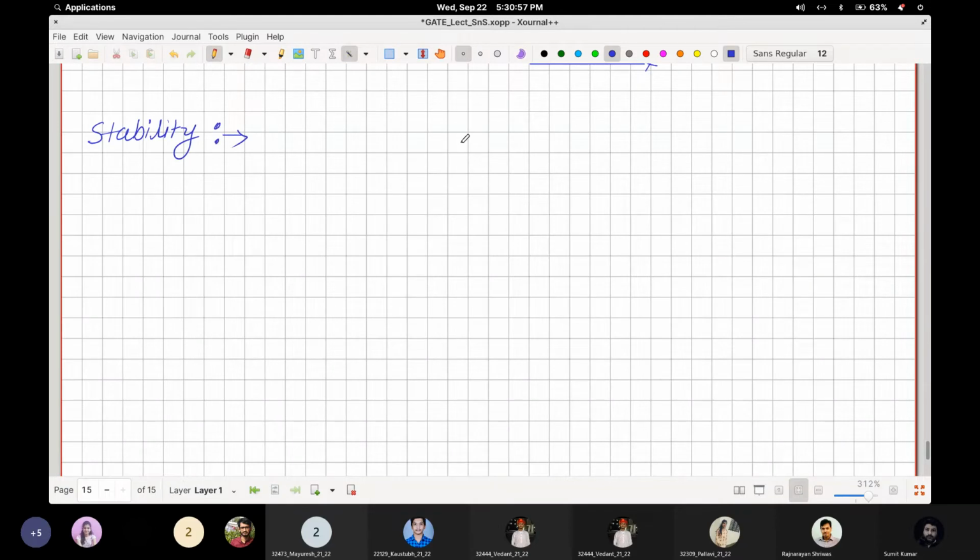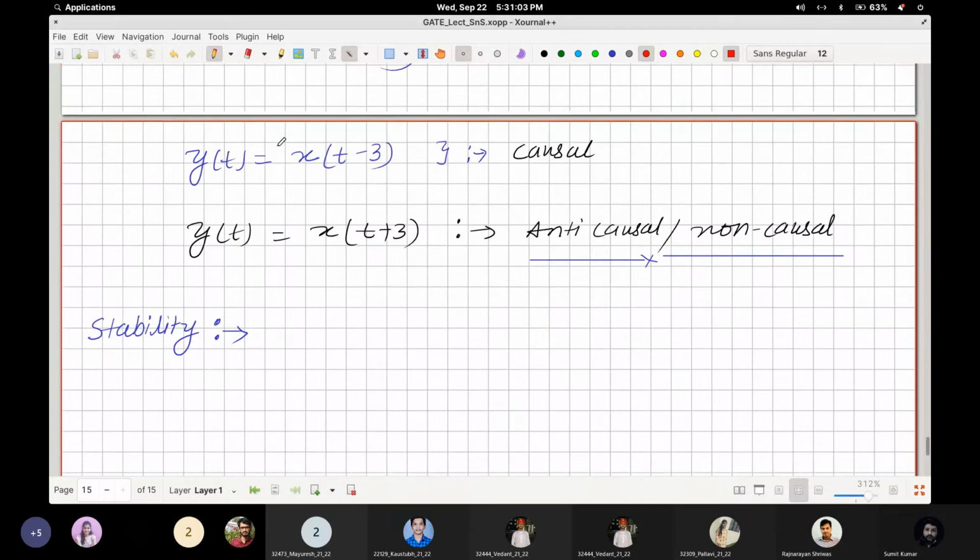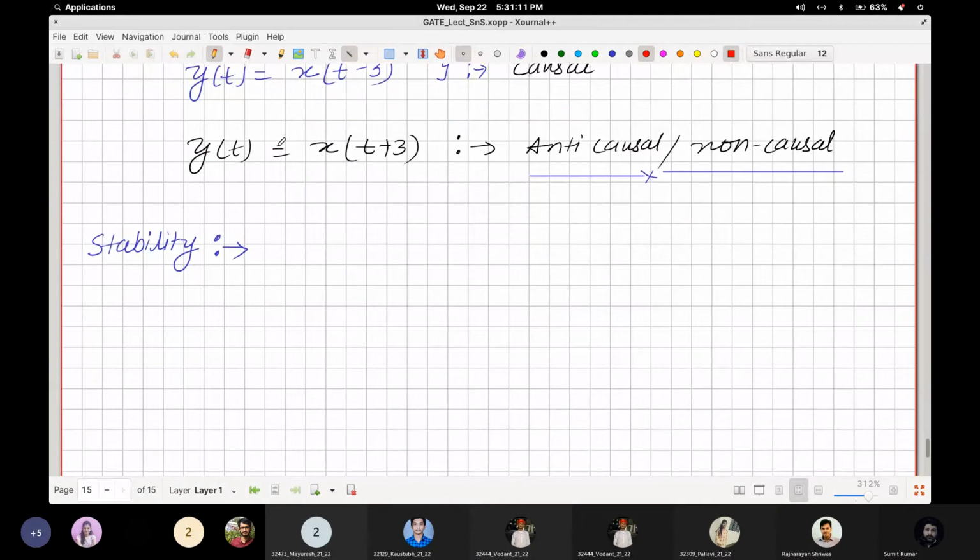Stability. There are many definitions of stability, but when you have an input and output relationship, like the one we have been exploring till now, y(t) given in terms of x(t), then the most common definition that we take is called BIBO stability.